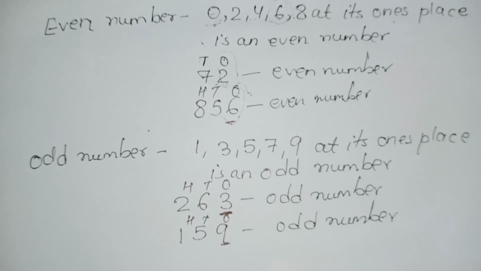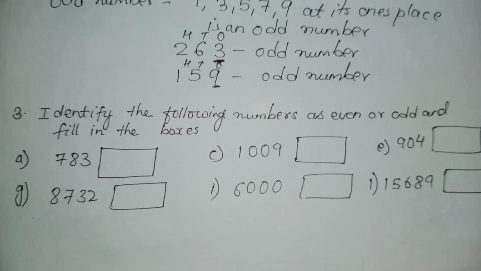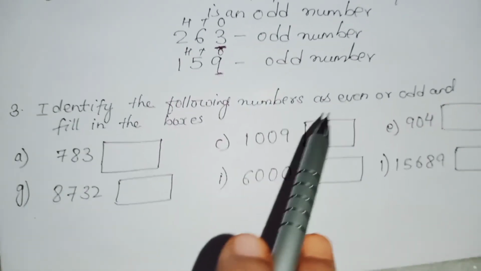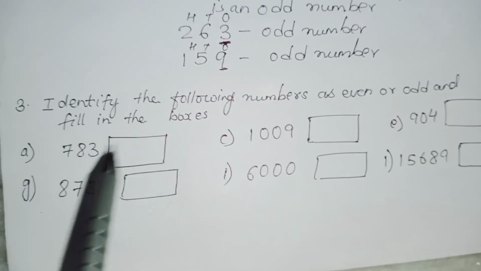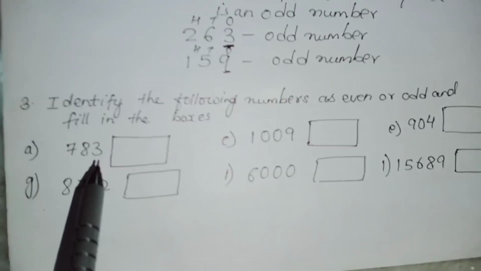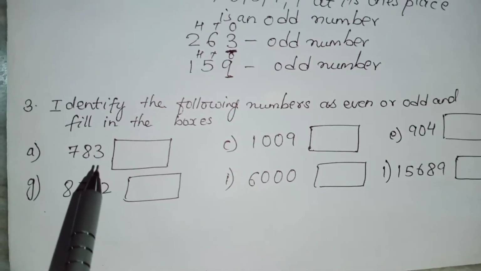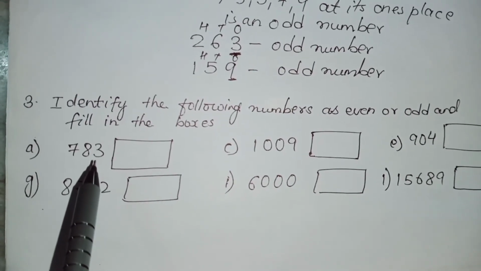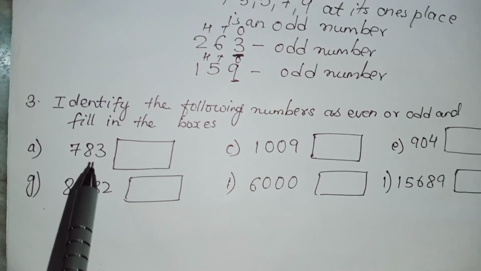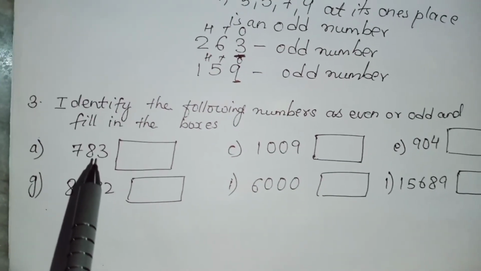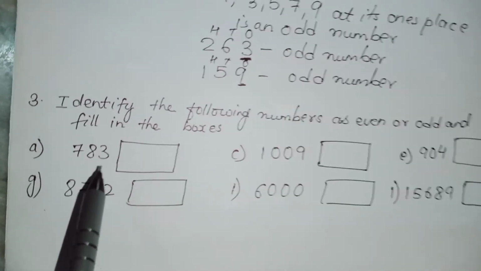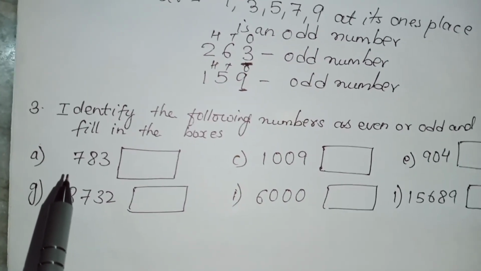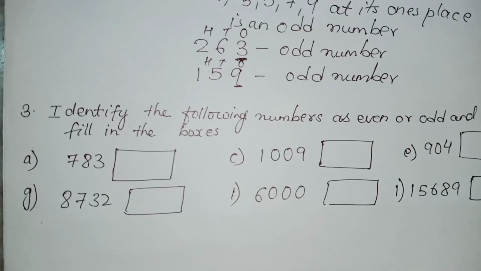Okay, so now let's see question number 3. Identify the following numbers as even or odd and fill in the boxes. I've already told you what we are going to see in this question: at ones place, if there is 0, 2, 4, 6, 8, that means they are even numbers, and if at ones place we see 1, 3, 5, 7, 9, that means they are odd numbers.